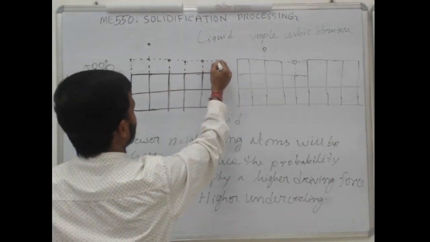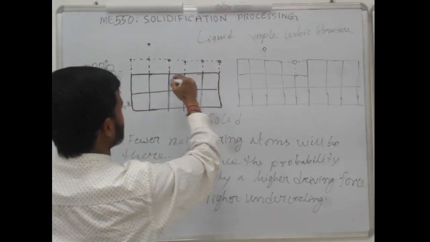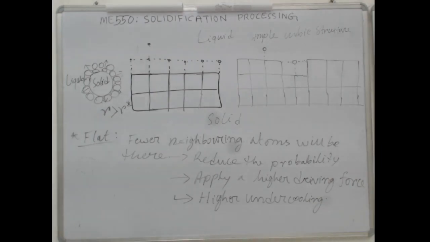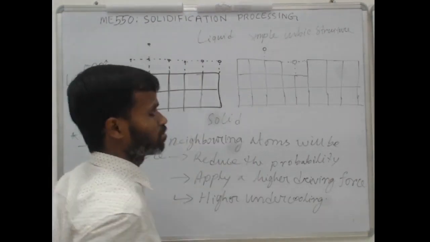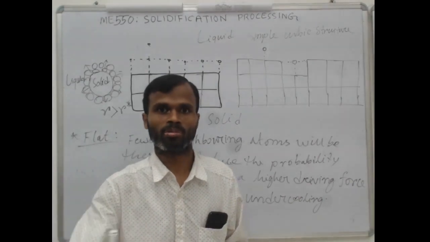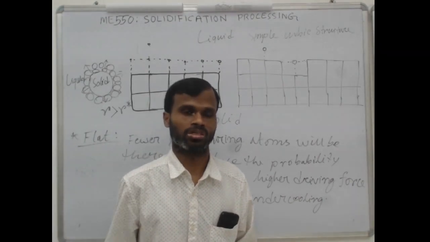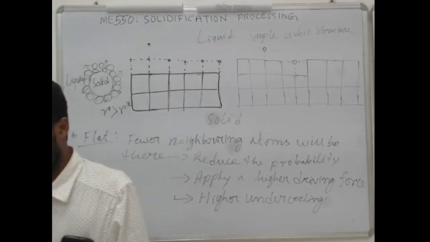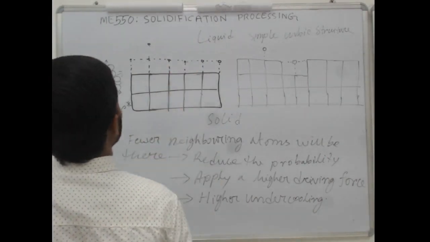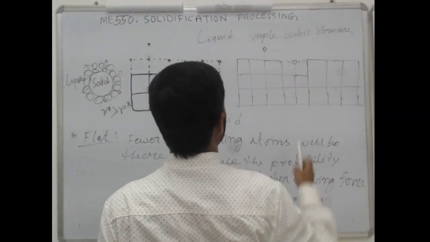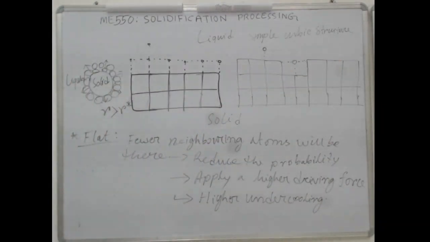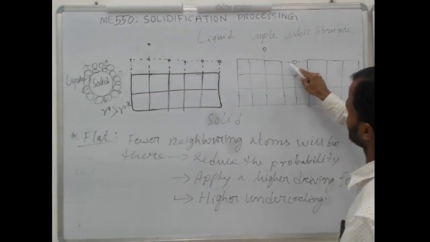So in flat surfaces, in the case of faceted growth, the direction of growth remains very uniform throughout the solidification. So that is how you get this faceted crystal growth, and in the other case, you get non-faceted crystal growth. And as it is not directional, it is random.